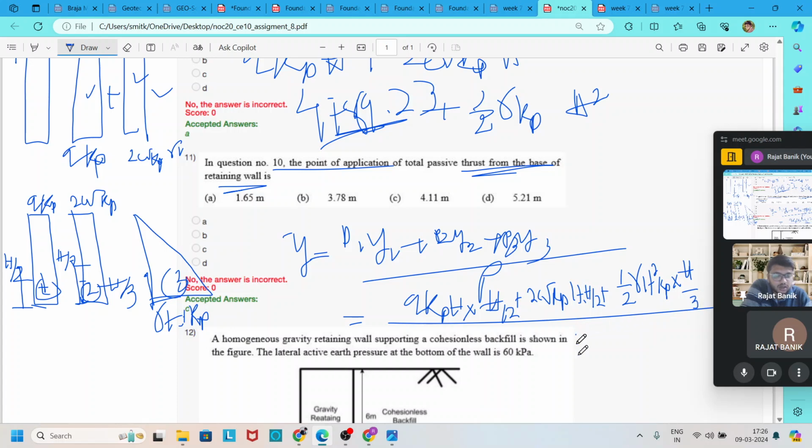So put in all these values, and the total P is 4789.